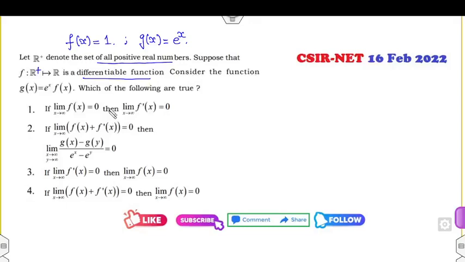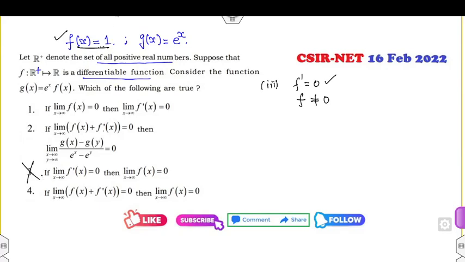Okay, this is f dash. This is 1 plus 0. It is not true. F dash is 0. Yes, it's satisfied. So if f dash is 0, that is satisfied for this example, then the limit of f(x) should also be 0. But that's not true. The limit of f(x) is 1.